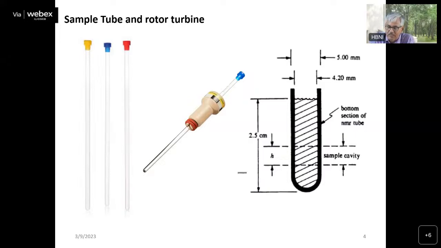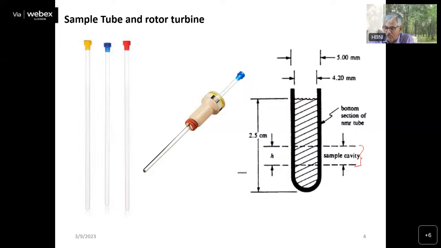So ultimately, see, this is the way the NMR tube sits in the resonance cavity. You can see that only this small volume of the sample sees the magnetic field, but this is the sample cavity where all your radio frequency pulses, or radio frequency source, is located, as well as the detecting coils.